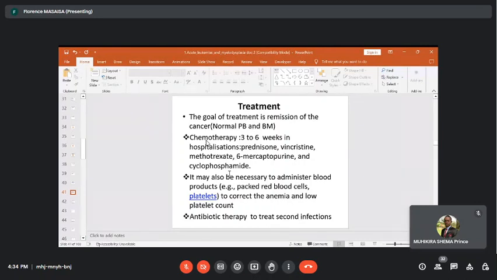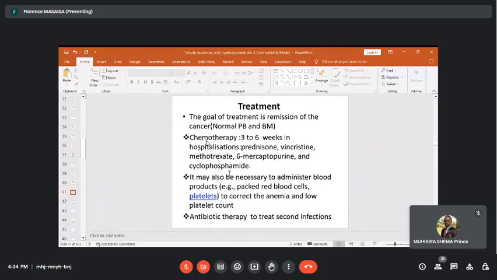For example, the Philadelphia chromosome has tyrosine kinase activity, making the cell produce in an uncontrolled way. When you see that, you target the treatment by giving tyrosine kinase inhibitors, which helps you to focus on that.